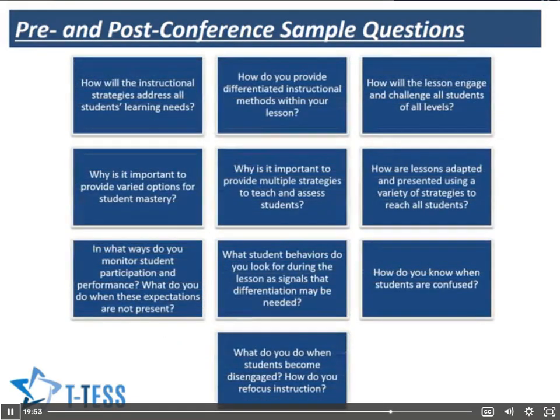In keeping with the topic of questions, here are pre- and post-conference sample questions. Take a minute to read through these.